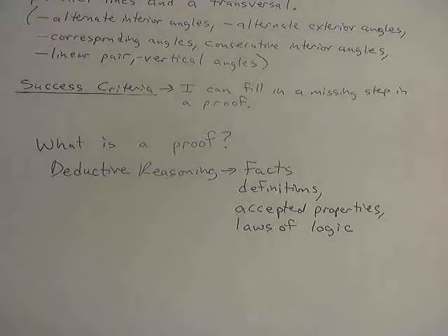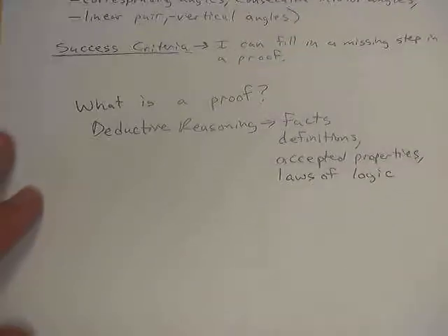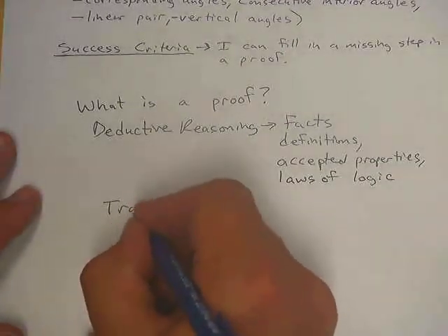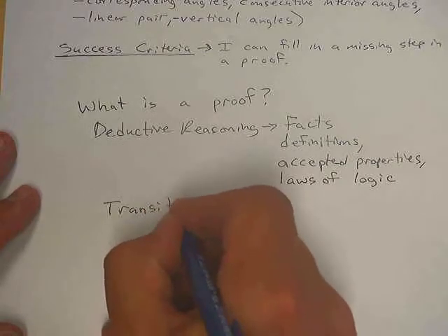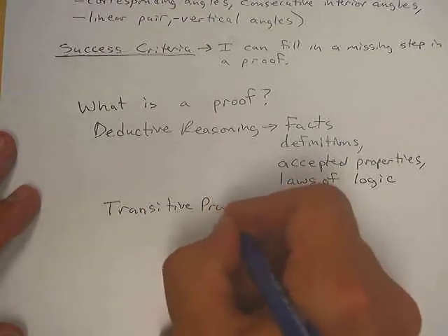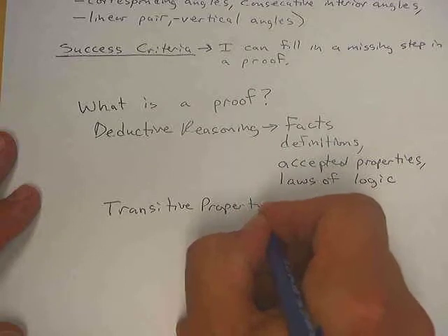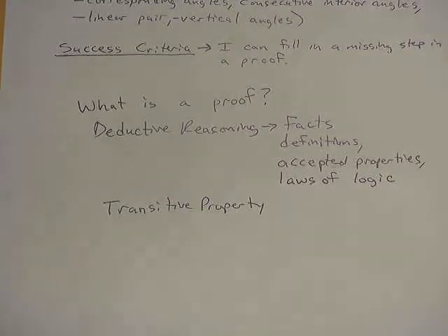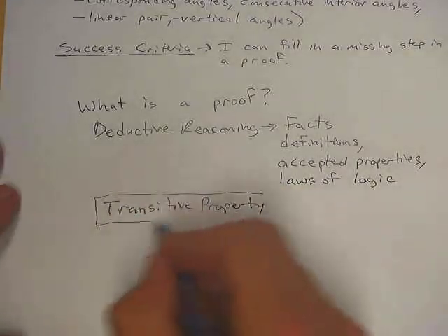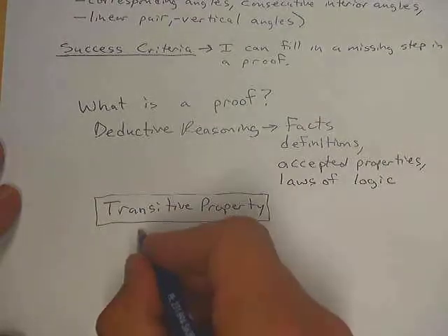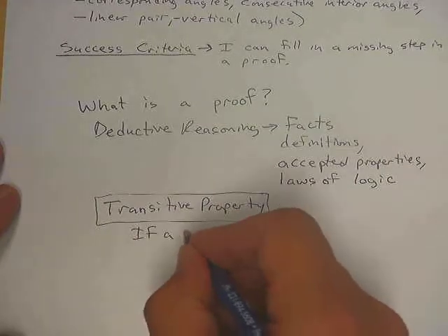Okay, so what do I mean by a law of logic? Well, one of them is called the transitive property. All right, transitive property basically is pretty straightforward.